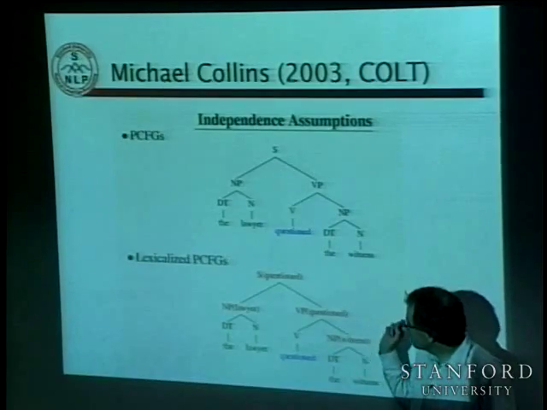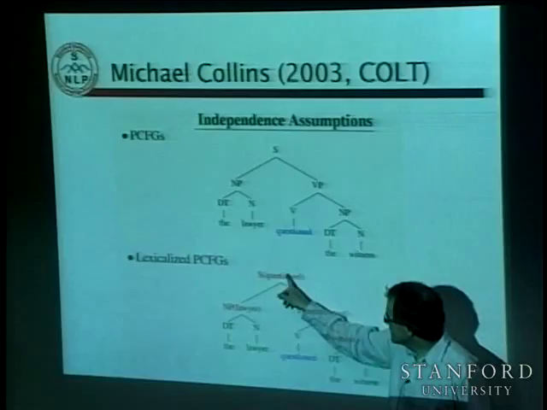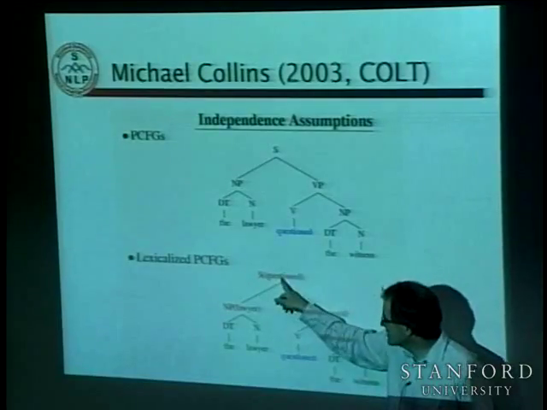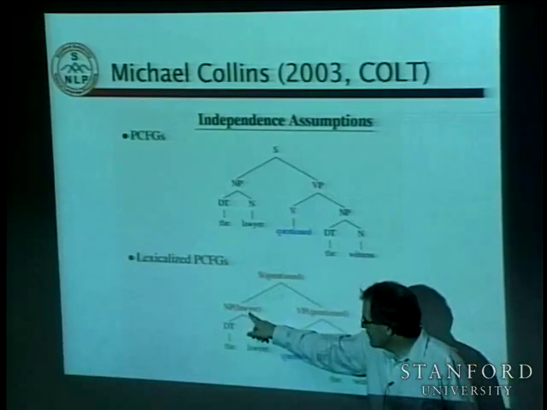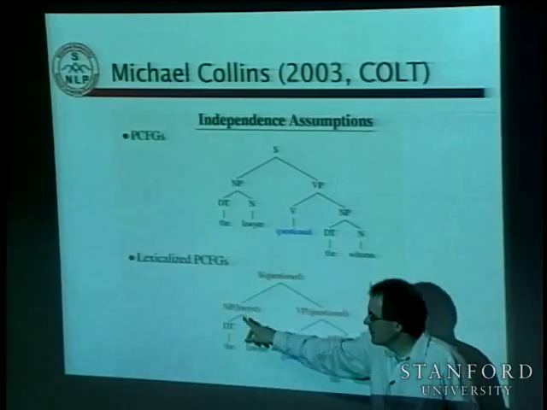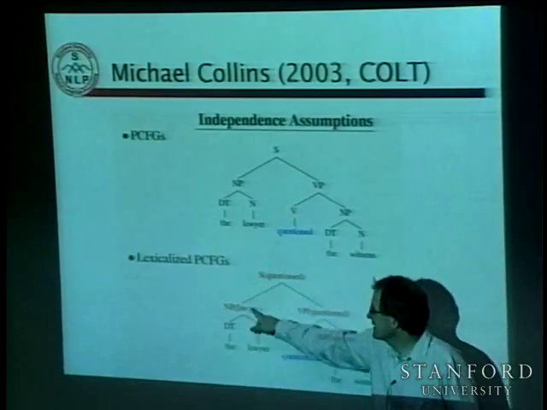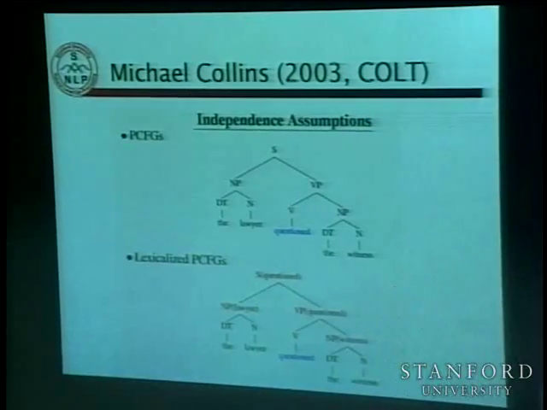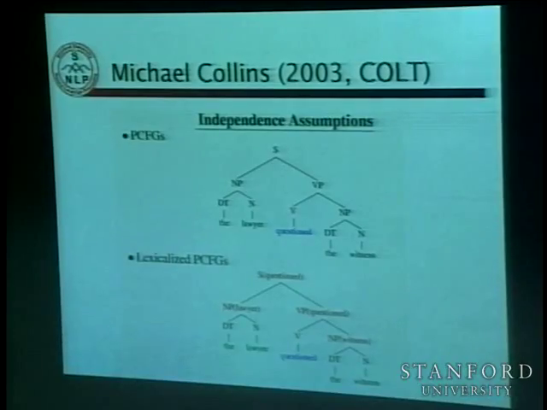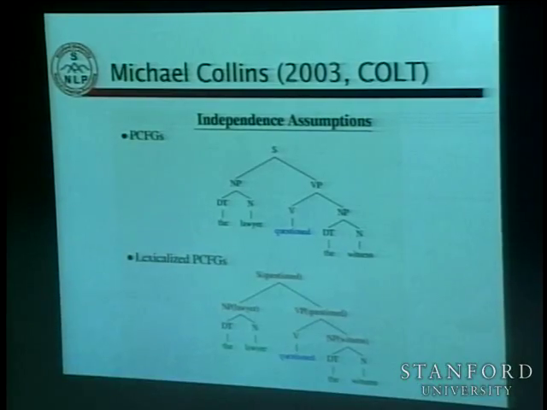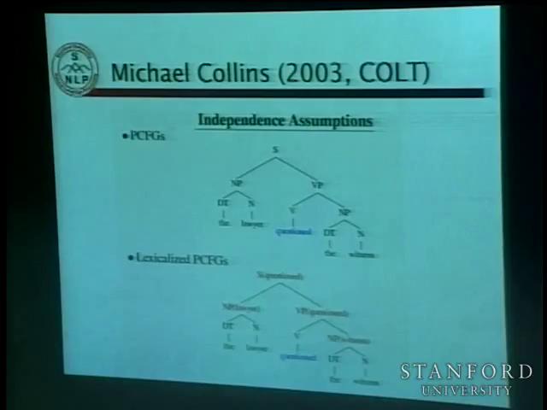But in terms of information, now we're saying, is it likely to have a sentence headed by questioned have a noun phrase subject headed by lawyer? We are precisely getting this information about words that we'd like to have back in our model, of the kind that we had in bigram and trigram models, only now it's also sensitive to syntactic structure.